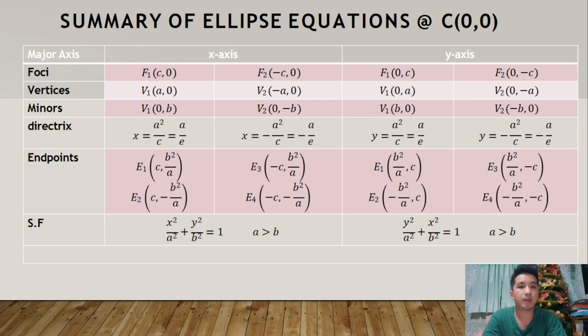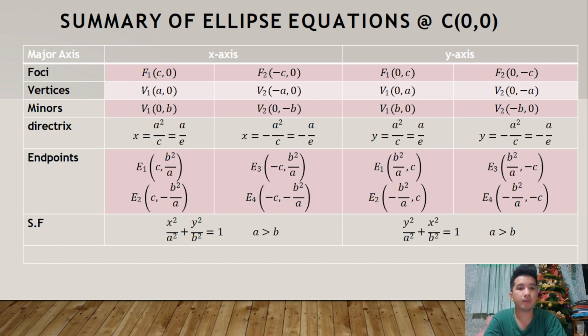Major axis: x-axis or y-axis. Foci: F1 is (C, 0), F2 is (negative C, 0); or F1 is (0, C), F2 is (0, negative C).